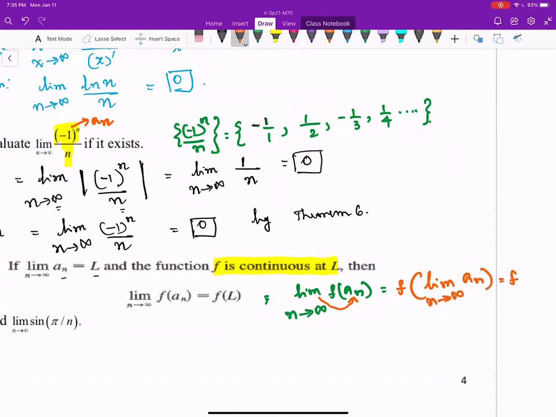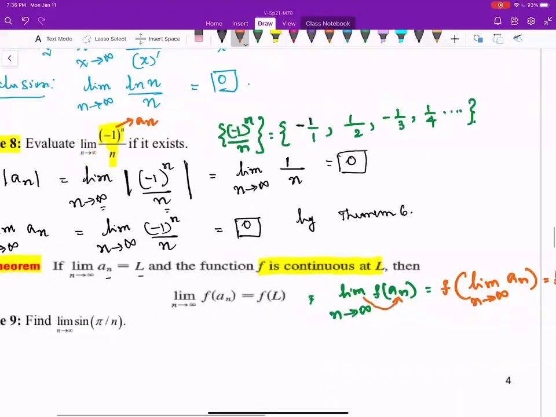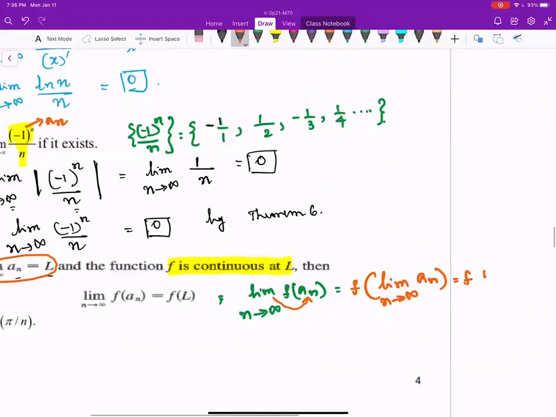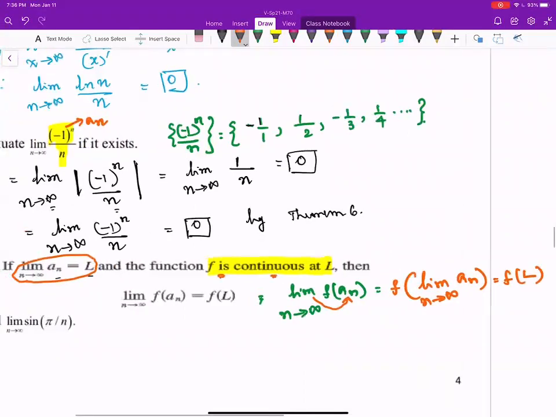The limit goes inside of f. What is the limit of a n? Given to be L, so it is f at L. For that, the required condition is that f should be continuous at L.